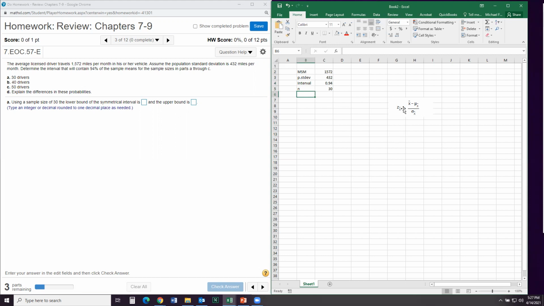If we figure out the z-score of the lower end of this distribution and the upper end of this distribution, then we can solve for x bar at those 2 points, and those would be the bounds. Okay, so let's start by figuring out what z-score we need.